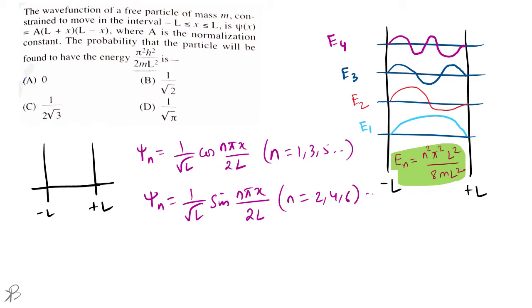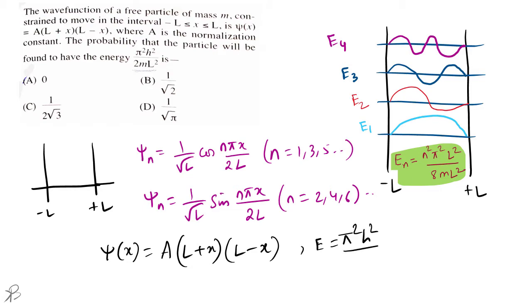Now we are given the wave function as A (L plus x)(L minus x). Okay, and the energy is given by pi square h square by 2m L square, which you can write as 2 square pi square h square divided by 2 square into 2m L square.